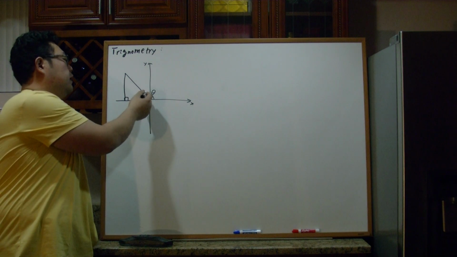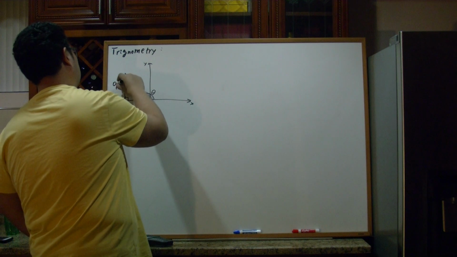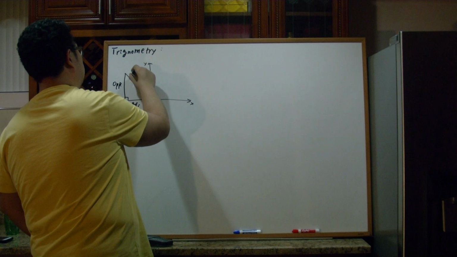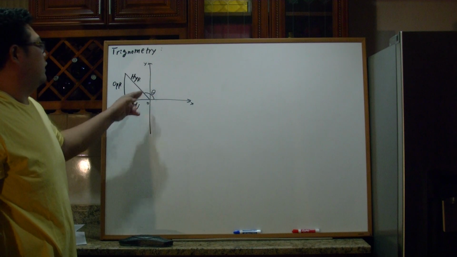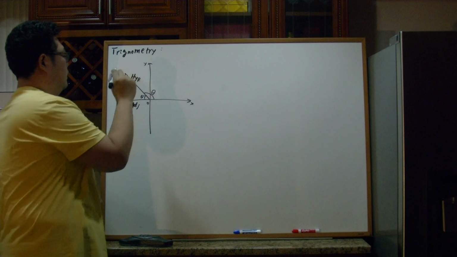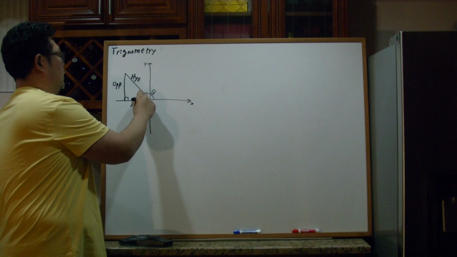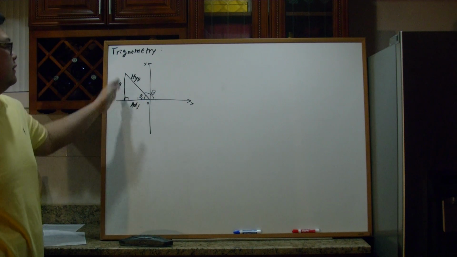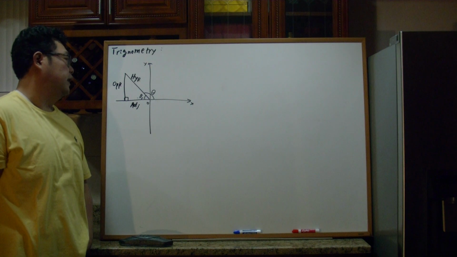Then we have the opposite side, adjacent side, and the hypotenuse of the right triangle. The reference angle is the acute angle that the x-axis and the terminal side form.